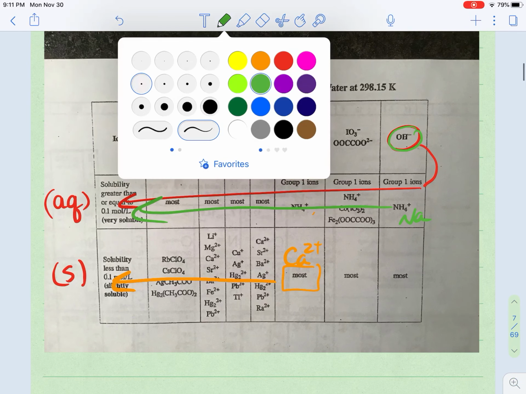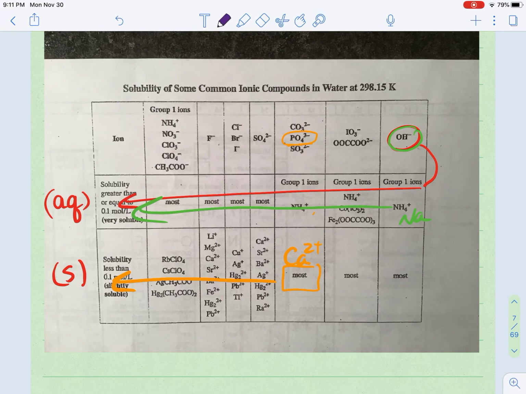Calcium hydroxide, going back to our hydroxide area, calcium hydroxide would come into this category here. Calcium, I thought it had another category, another spot where it's found, but that's only for fluoride.